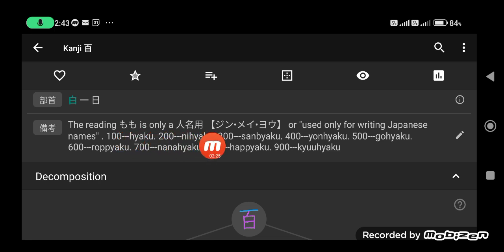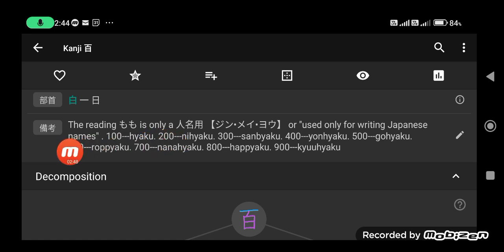Now, what is a jinmeiyo? Translated in English, jinmeiyo is used only for writing Japanese names, or for usage. Yo is usage, jinmei is names of persons, so used only for writing Japanese names.